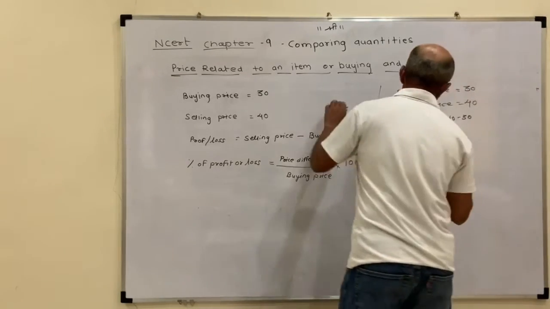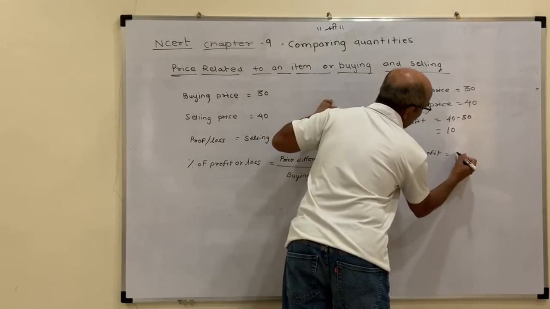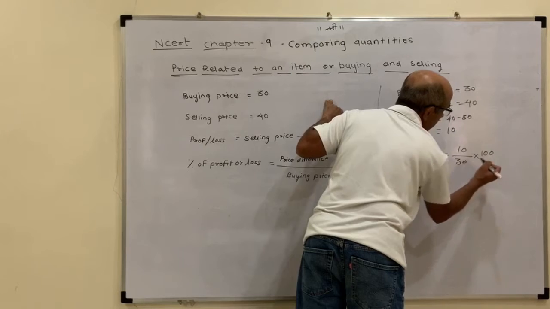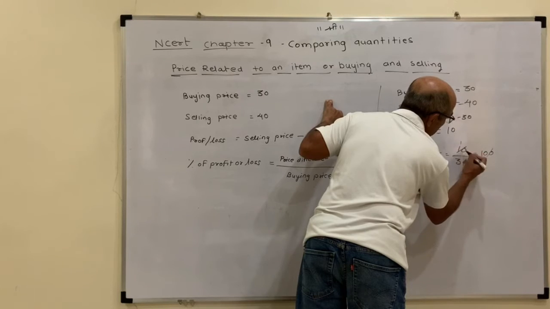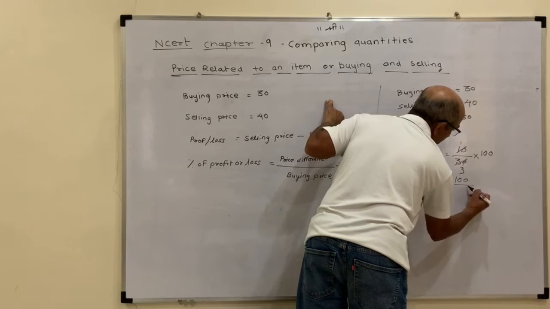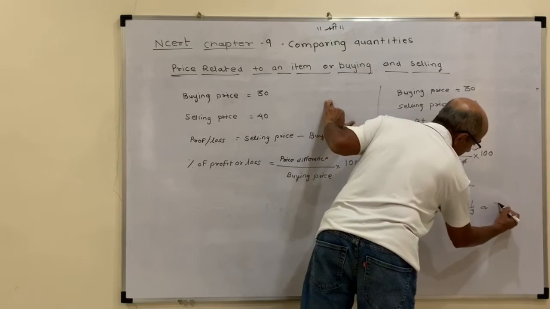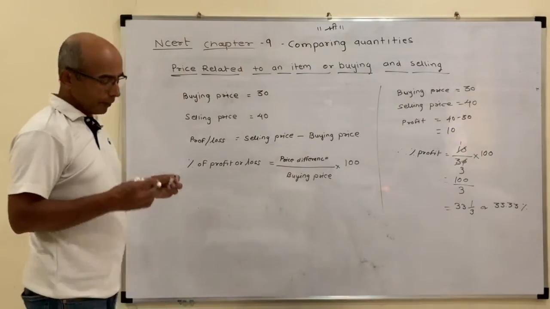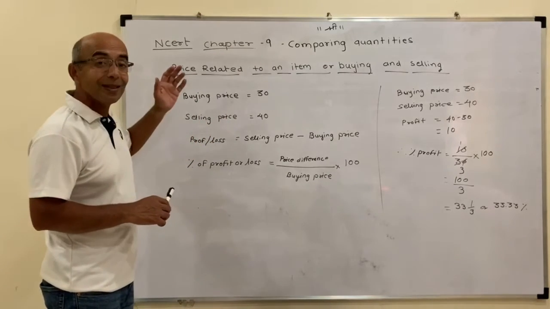Percent profit is equal to 10 divided by buying price 30 into 100. 10 ones are 10, 10 threes are 30. So 100 divided by 3, which is 33.33%.